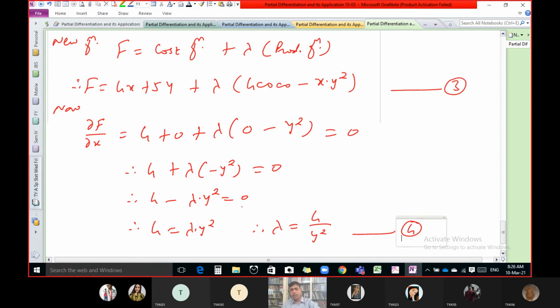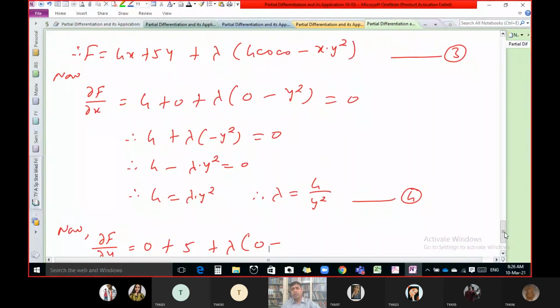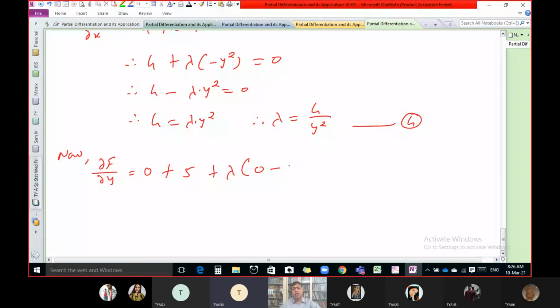Now differentiate equation 3 with respect to y. Derivative of f with respect to y, keeping x constant, derivative of 4x is obviously 0, plus 5, plus lambda, derivative of 40,000 is 0, minus the derivative of x into y square with respect to y, which is x into 2y, equal to 0.